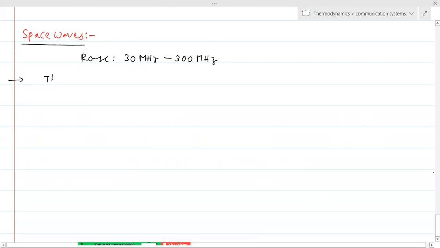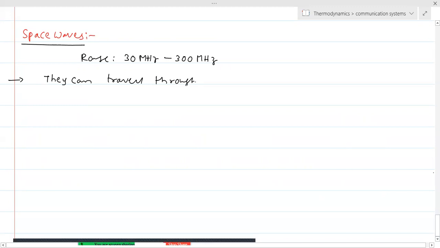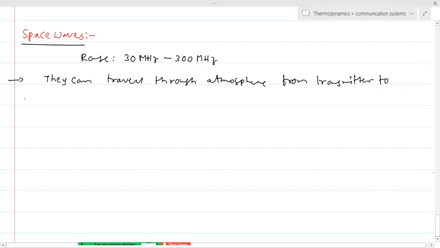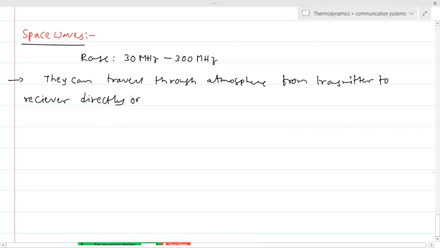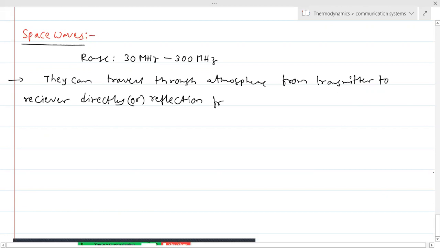So therefore, they can travel through atmosphere from transmitter to receiver directly, or by reflection from troposphere.